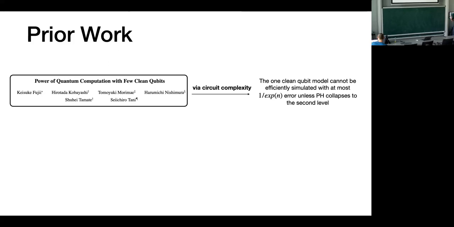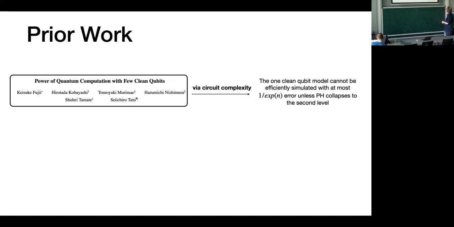But it's interesting to see if there are tasks, not necessarily tasks that have any practical relevance, that you can solve faster on a quantum computer or a near future quantum computer than on a classical computer. And such results exist for the one clean qubit model, which is clearly somewhat more realistic than the fully fledged quantum model. And so here is this paper by a bunch of Japanese authors, the power of quantum computing with few clean qubits.